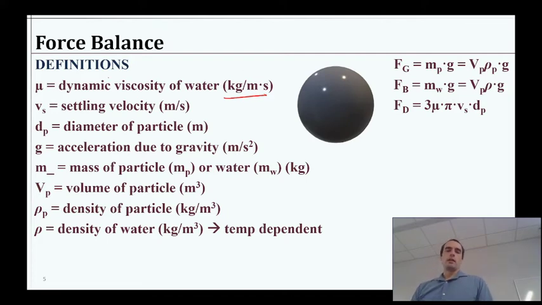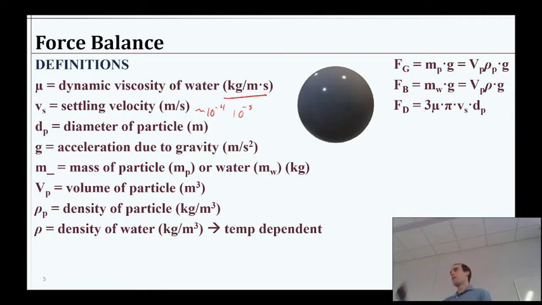So we've got the dynamic viscosity of water, and the settling velocity in meters per second. If we're talking about a particle settling slowly, that's not very many meters in a second; it's going to be a small fraction. For most of our systems, this is probably going to be something like 10 to the minus 4 or 10 to the minus 5 as reasonable numbers, just based on my memory. So definitely a small number for meters per second.